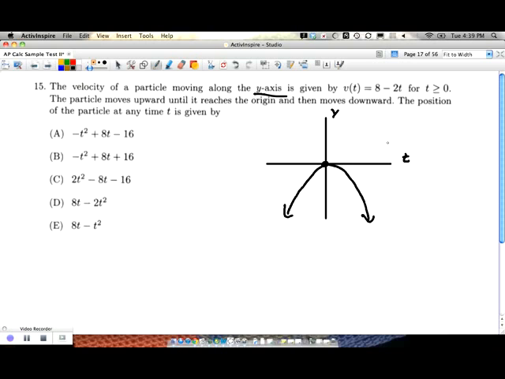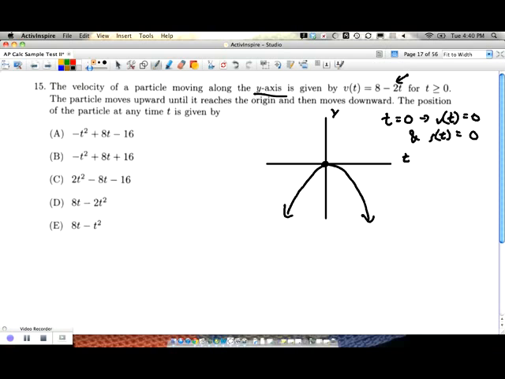What that tells me is that when t equals 0, that also means that the velocity equals 0 and the position, which in this case, if we were to just call it s of t, that also equals 0. Let's go ahead and see what we can do looking at this information here.